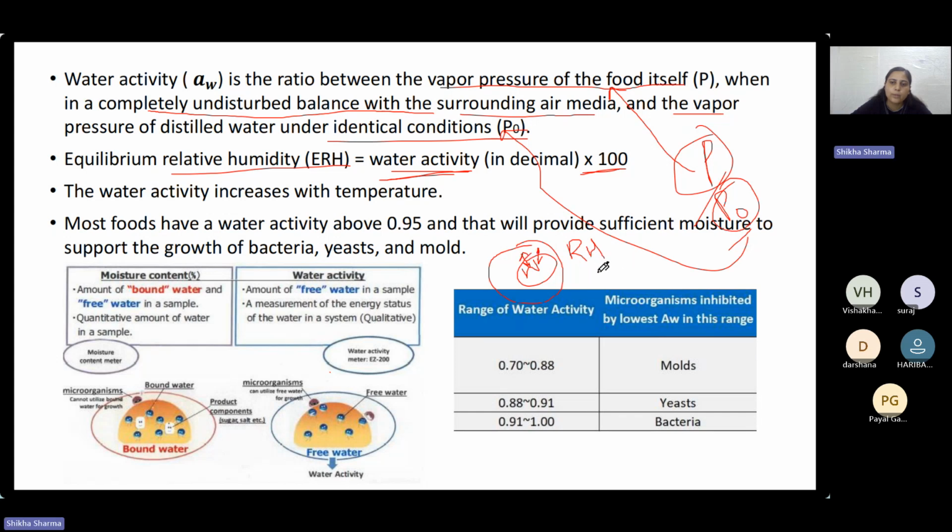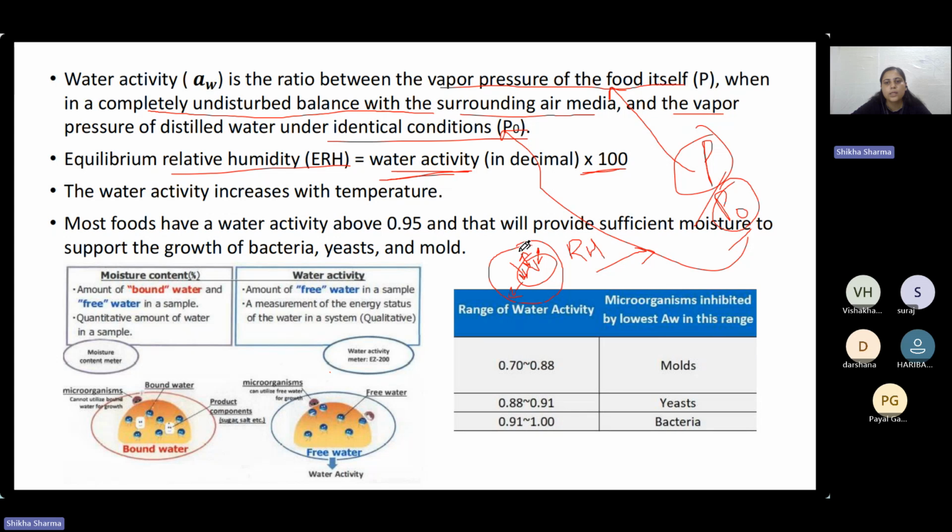The water will flow from high concentration to low concentration. So if water concentration is high in the food, it will flow outwards towards the surrounding air. And if water is more in the surrounding air compared to the food, it will flow from air to food product, right? So there will be a certain area where the equilibrium condition will be maintained.